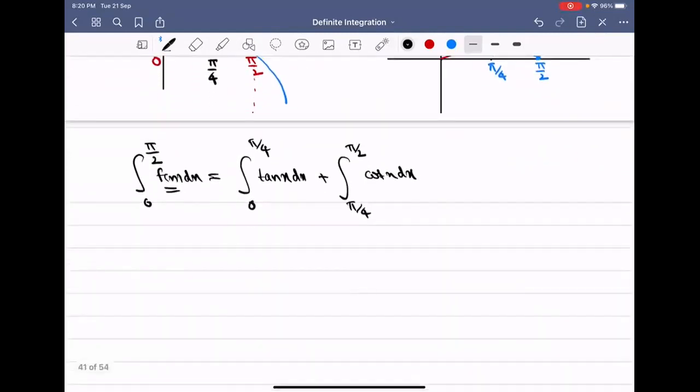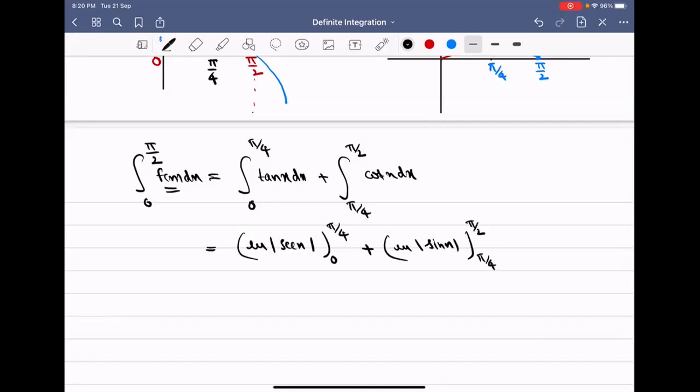Now, you integrate it. The integration of tan x is ln of mod of secant x, with limits from 0 to pi by 4, plus the integration of cot x, which is ln of mod of sin x, with limits pi by 4 to pi by 2.